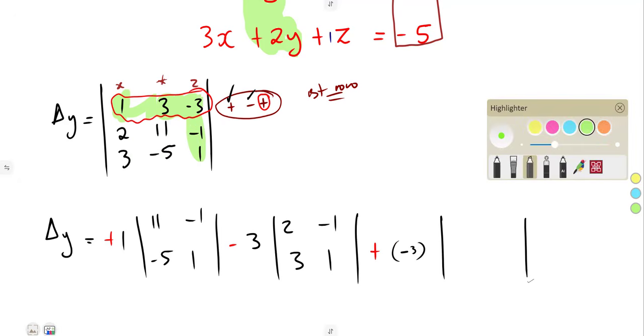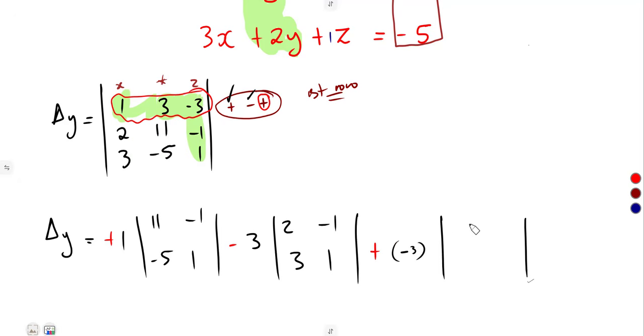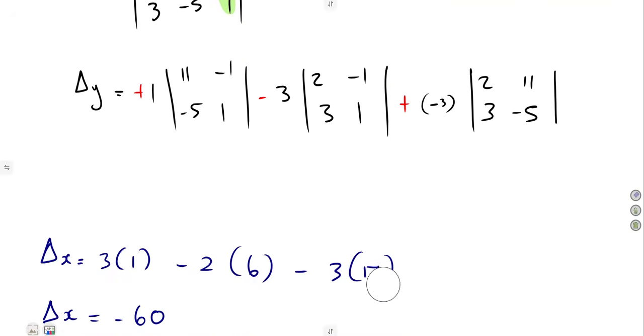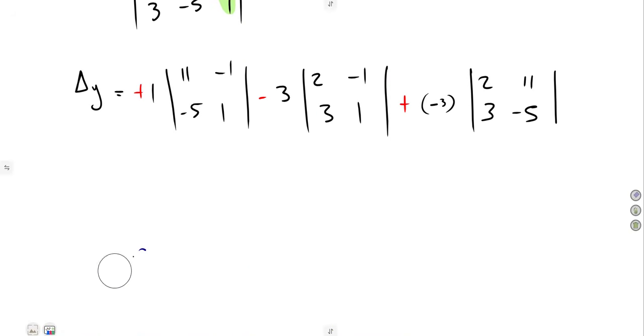So you're going to be left with what? 2, 11, 3, and what? Minus 5. This will be your determinant. If you expand everything, you are going to obtain the determinant with respect to Y, just like before.